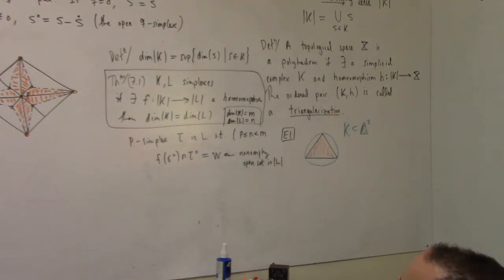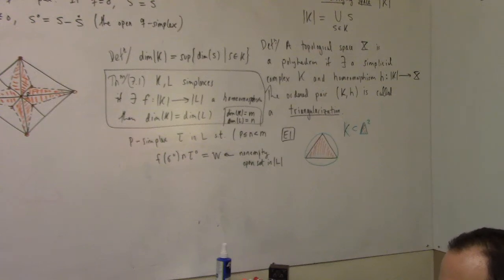Because any face of L is going to be attached to some vertex, at least its interior is going to be part of the star.